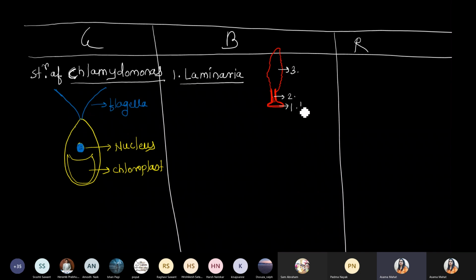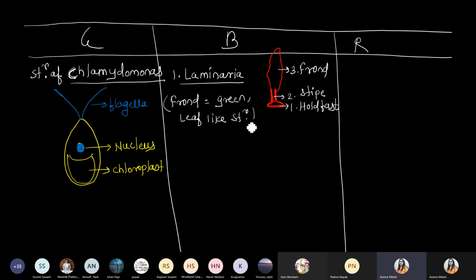The base is called the holdfast. The holdfast holds the substratum. Number second, that region is called the tip, a stem-like structure. And the third is the frond, which is a green color, leaf-like structure. So this is the very simple structure of laminaria.